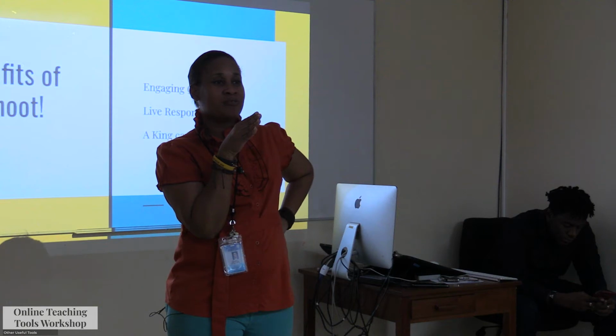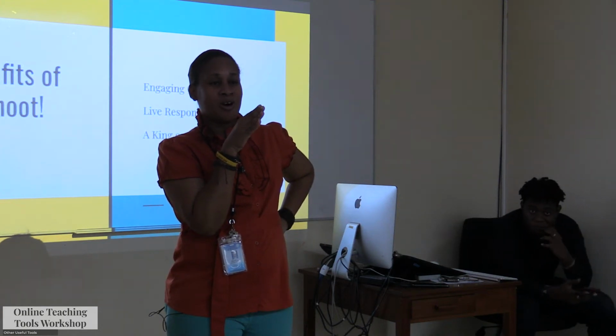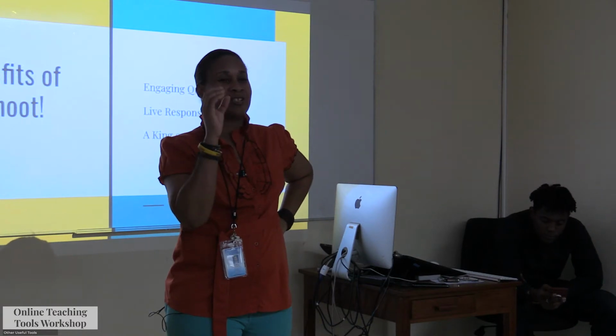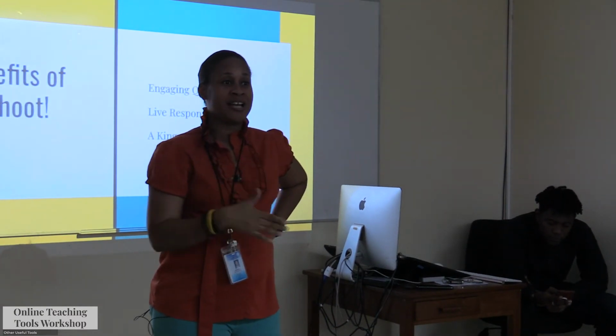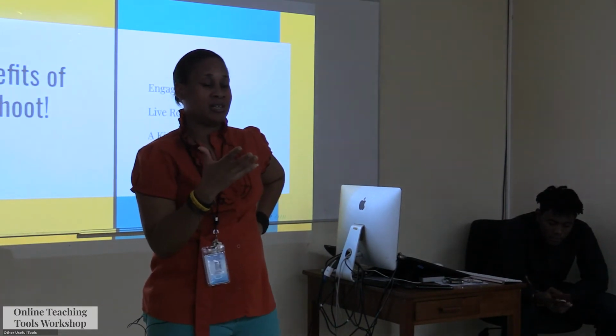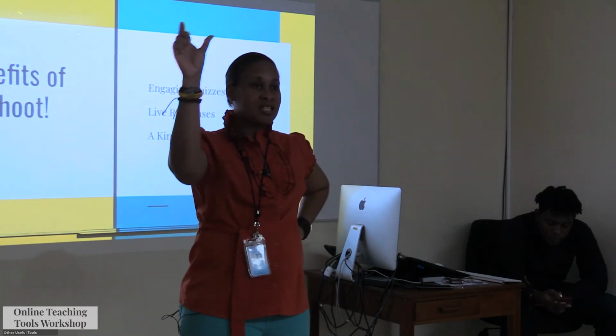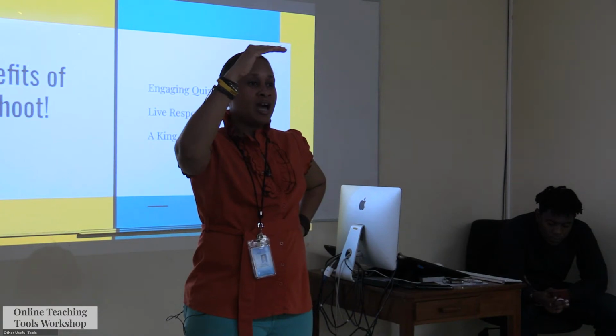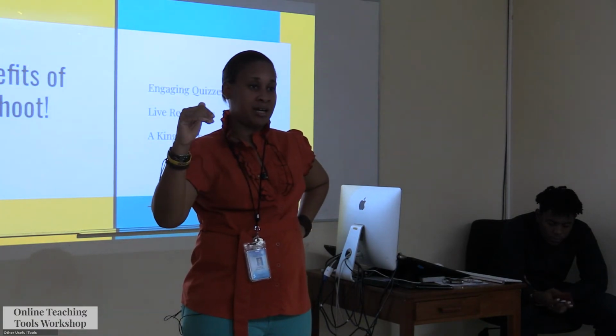The second one is you have to have some color coordination going on. I'm warning you guys, this is something you would have to warn your students about. A question is asked, you have the responses, but the responses have color codes beside them.